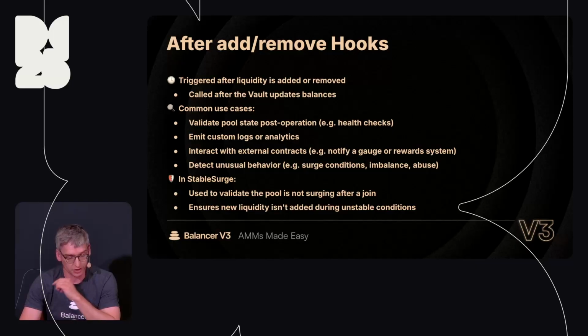It can also be used, at that point in time, to interact with external contracts. And in this particular case, it's used to detect if the pool is surging at that point after the liquidity has been added or removed. And if it is surging, then it'll return false and the action will be blocked. And this ensures that liquidity isn't added during unstable conditions.